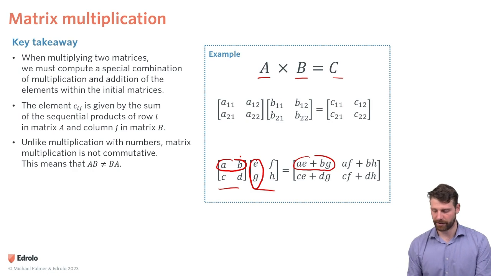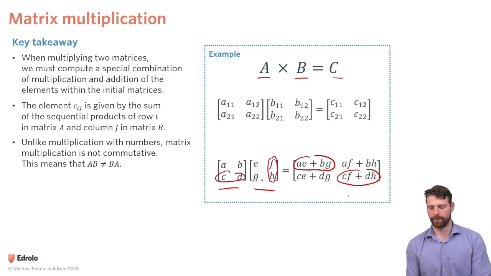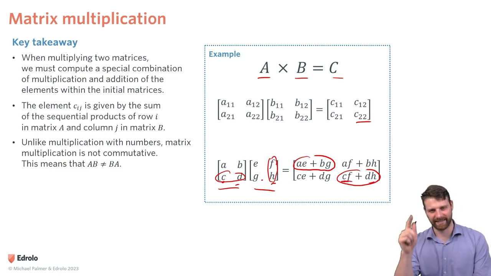Likewise, if I want any other position, say I want this one here in row 2, column 2, then I need to work with row 2 and column 2 in the first matrix. So I've got here this position, C22, is going to be C times F plus D times H across the row and down the column.